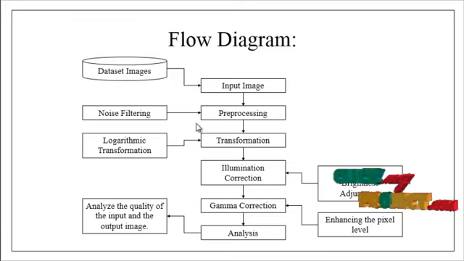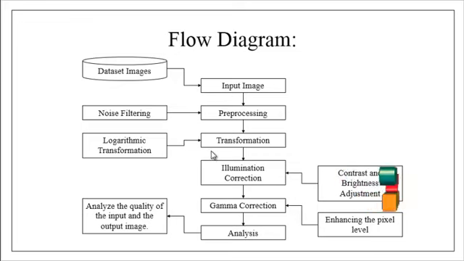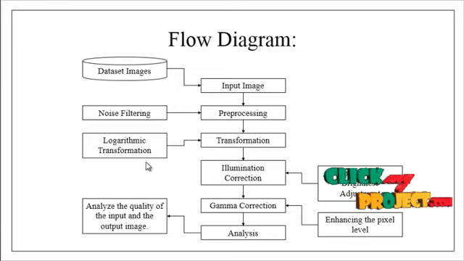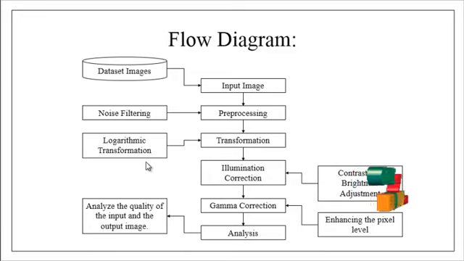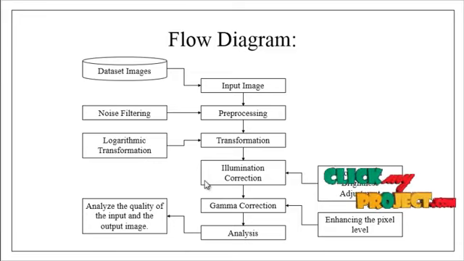After the pre-processing is completed, the transformation will be done. In this transformation step, we apply the logarithmic transformation to convert the pixel intensities. Once the transformation is done, we move on to the next step of the process, that is the illumination correction. Illumination is based on the contrast and the brightness of the image.